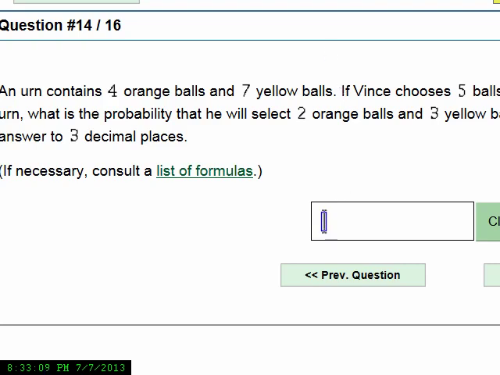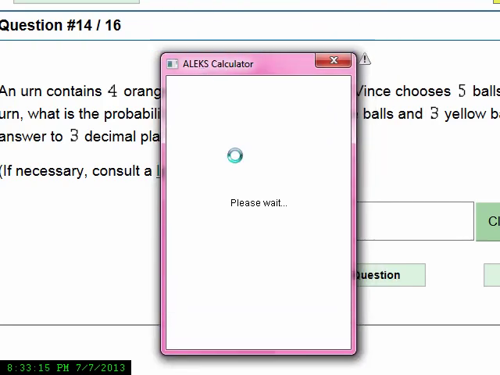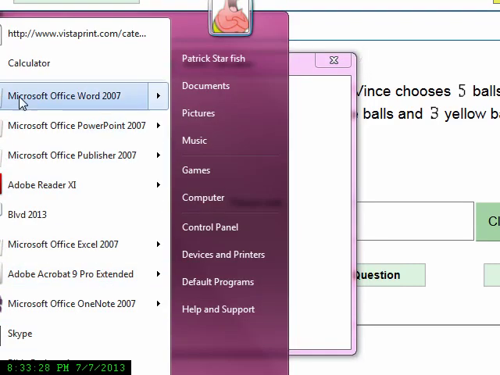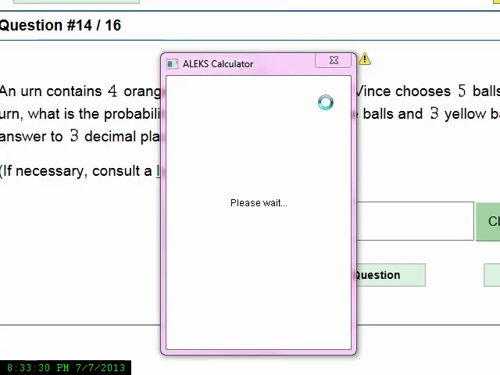Oh, they want us to round. If the movie's too long, I don't want to do a fourth movie, but I'm going to have to. It's taking too long. I'm just going to use a regular calculator.